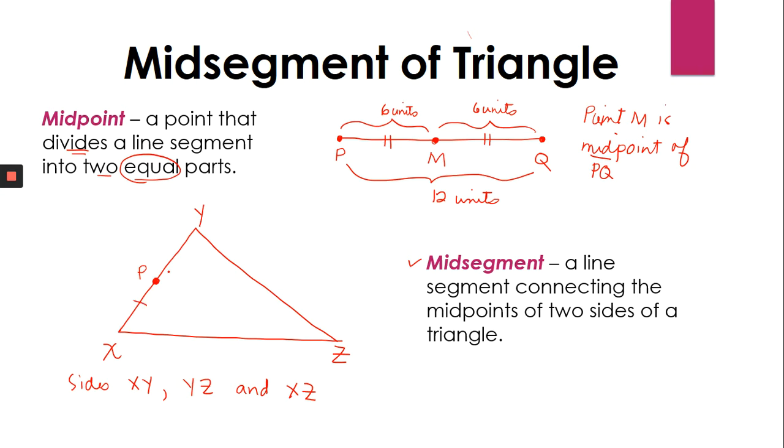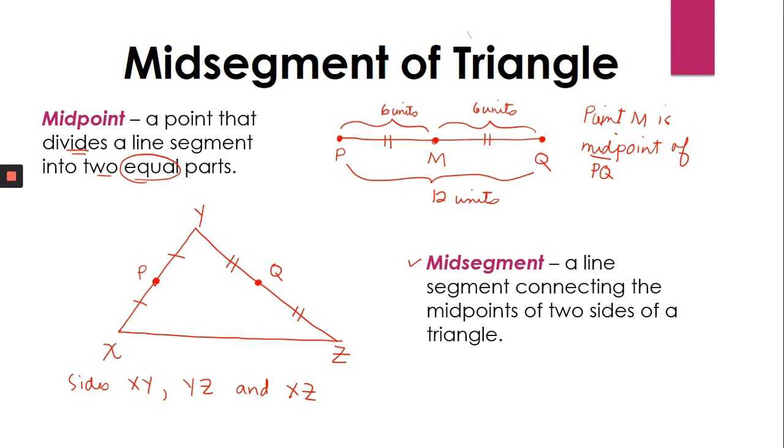And let's say you have point Q, which is the midpoint of side YZ. Therefore YQ is equal to QZ.